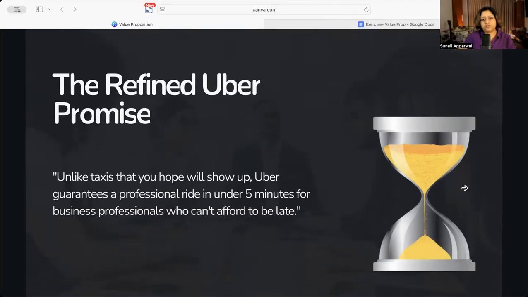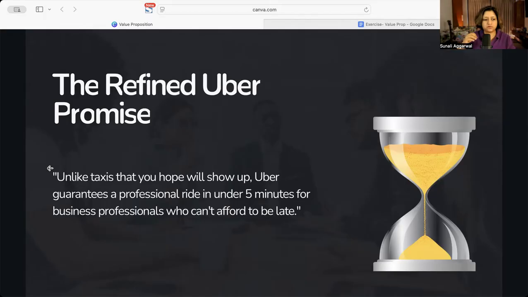So the refined Uber promise: unlike taxis that you hope will show up, Uber guarantees a professional ride in under 5 minutes for business professionals who can't afford to be late. This is their new value prop, right? We spoke about the older one. We're going to help you hail a cab using technology, right?